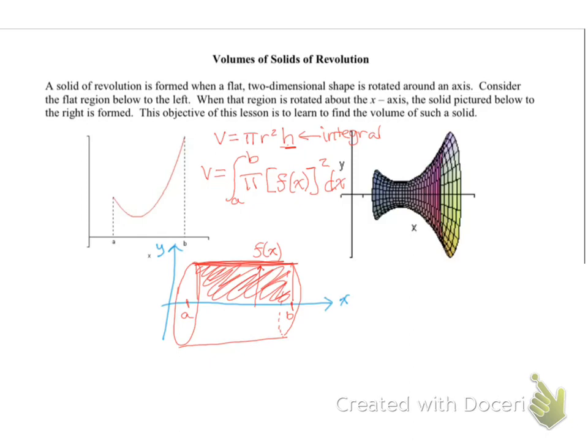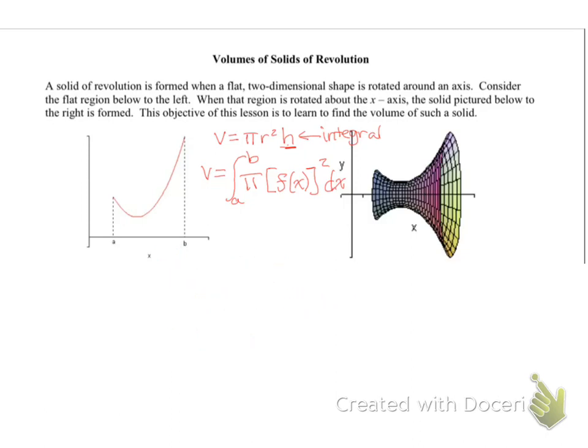Now, it all depends. So this is if you're rotating around the x-axis. If you're rotating around another axis, you have to take that into account. So the general equation for volume is V is equal to pi.